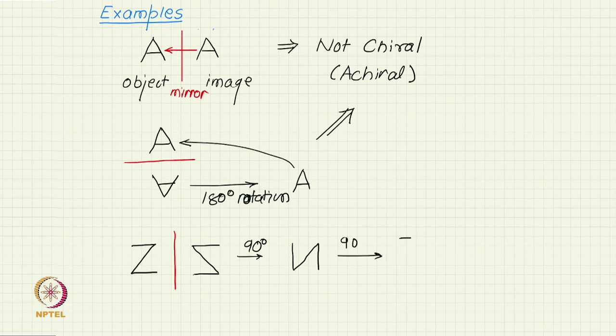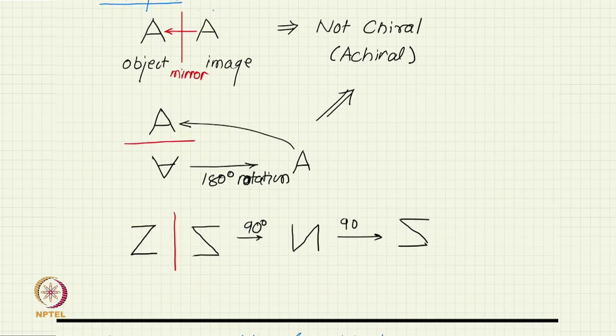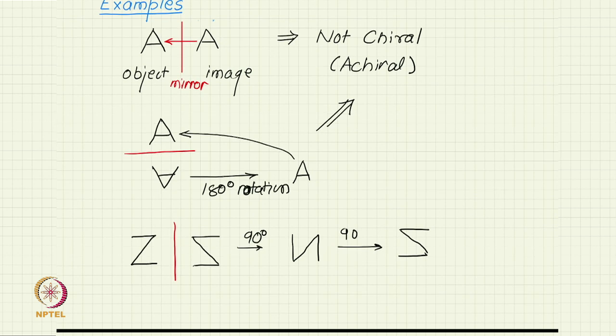A further 90-degree rotation, you can see carefully, still brings it back to its image, but it does not bring it to the object. So, no rotation is possible which will bring the image into coincidence with the object. So, this Z is chiral. As per our definition, this is chiral.